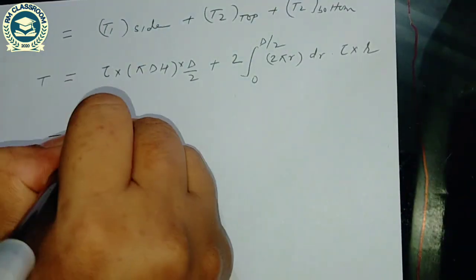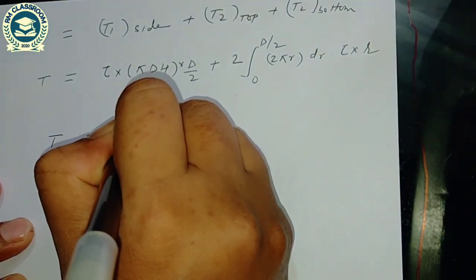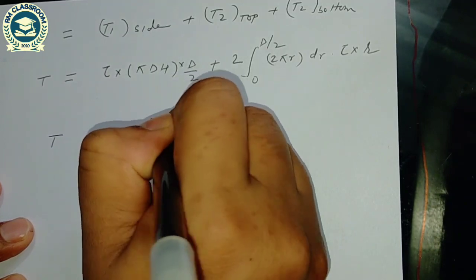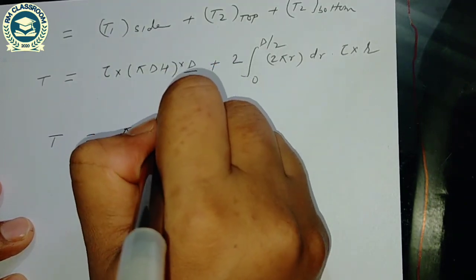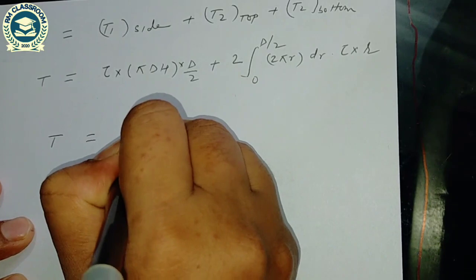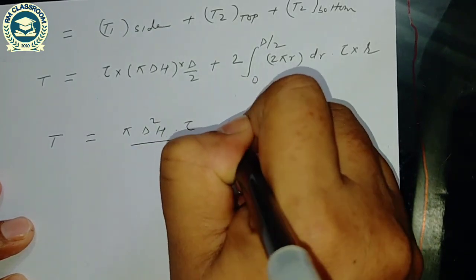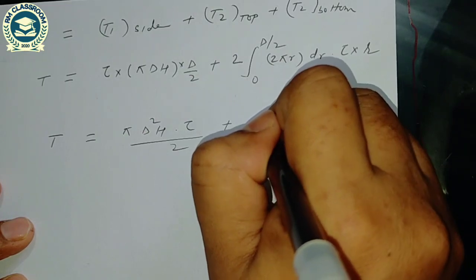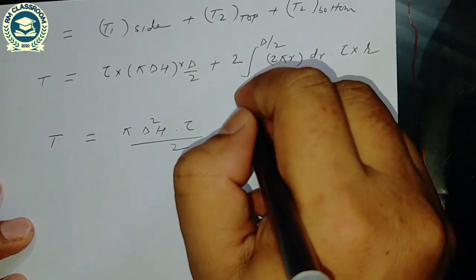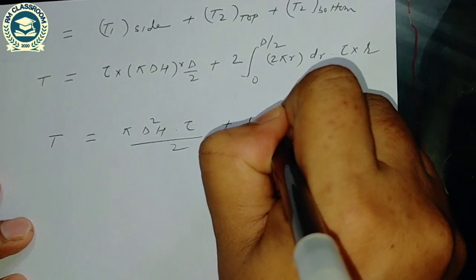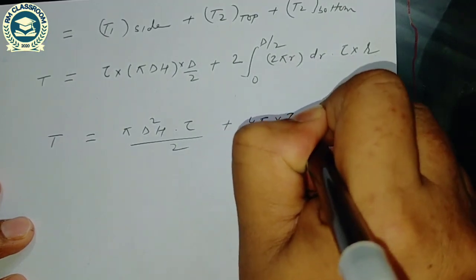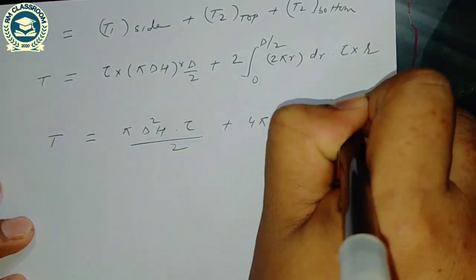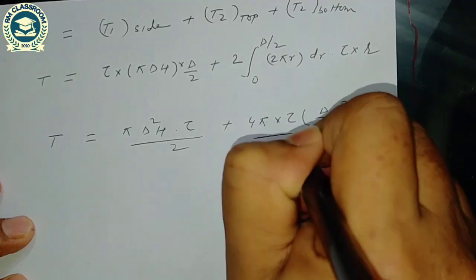So total torque is equal to pi d square h into tau by 2 plus four pi into tau into d by 2 whole cube divided by 3.